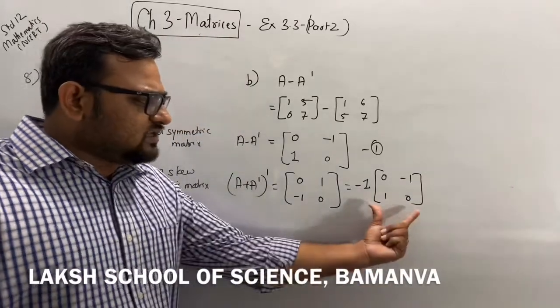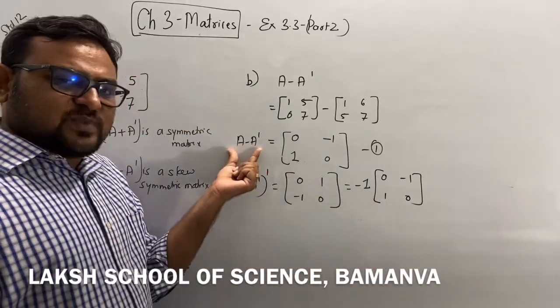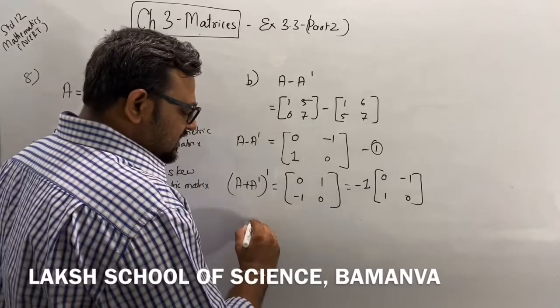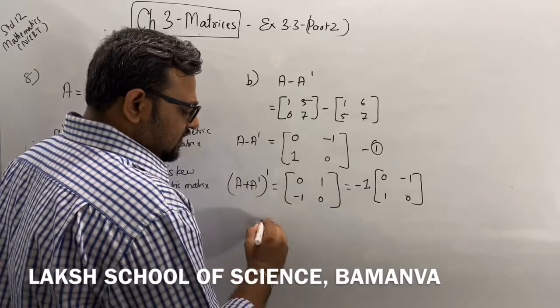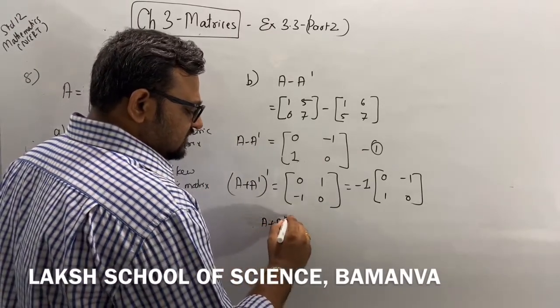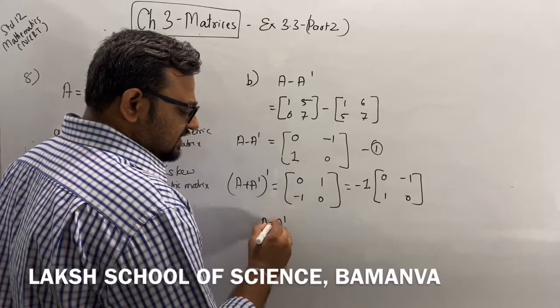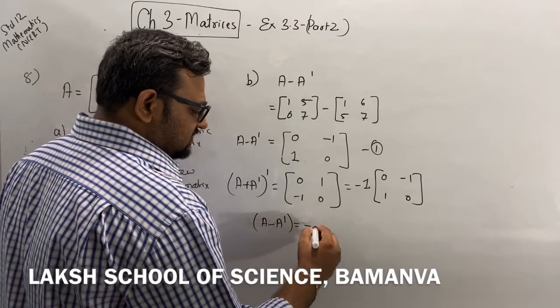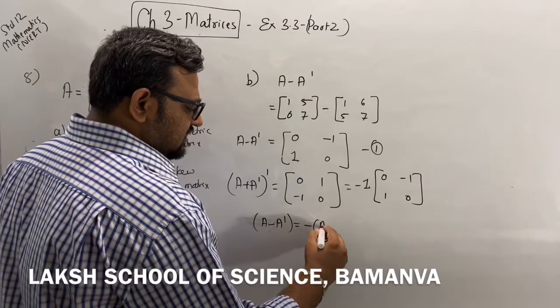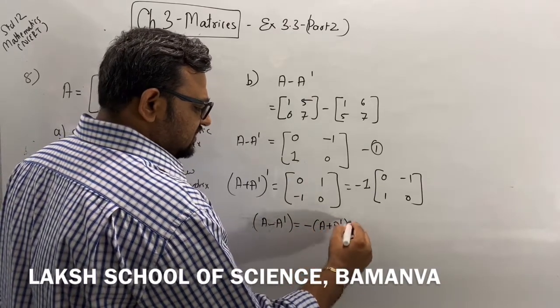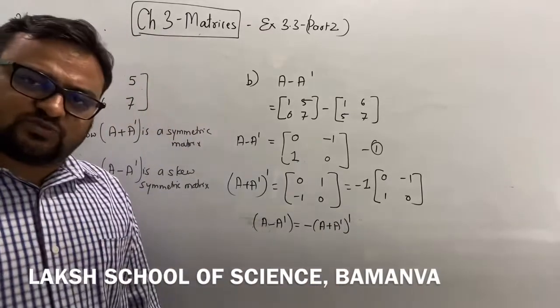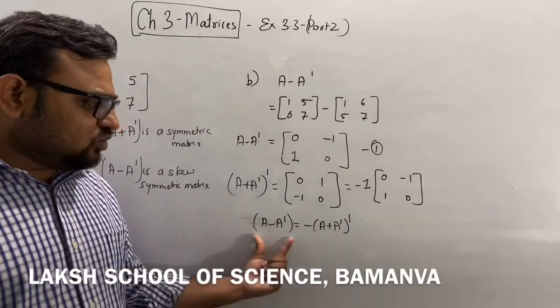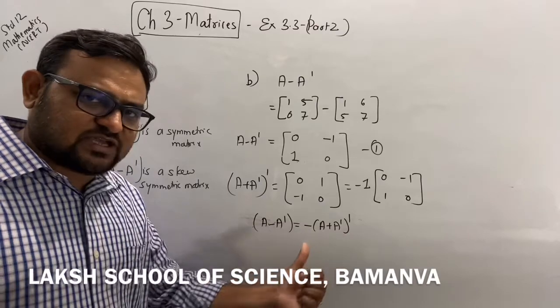So what is this? This is A minus minus A. So I can write A minus A transpose is equal to minus A plus A transpose whole transpose. Right? So both matrices are same, but here is a negative sign.